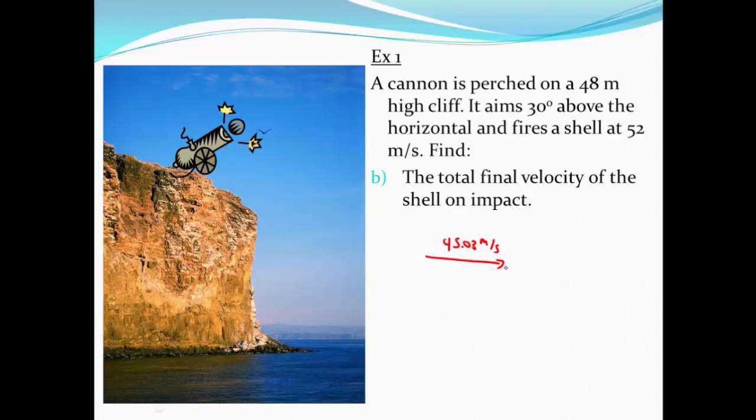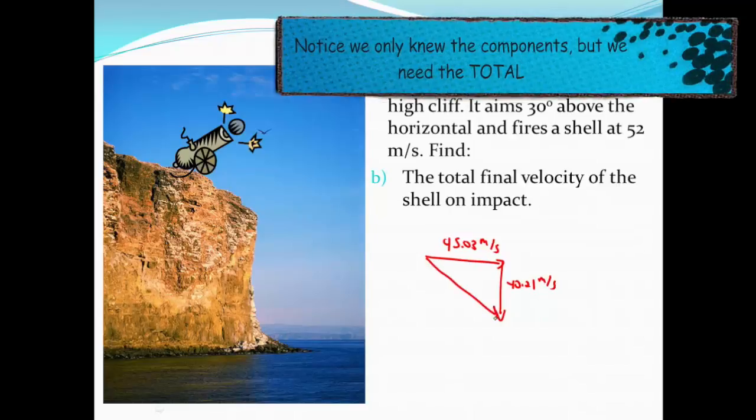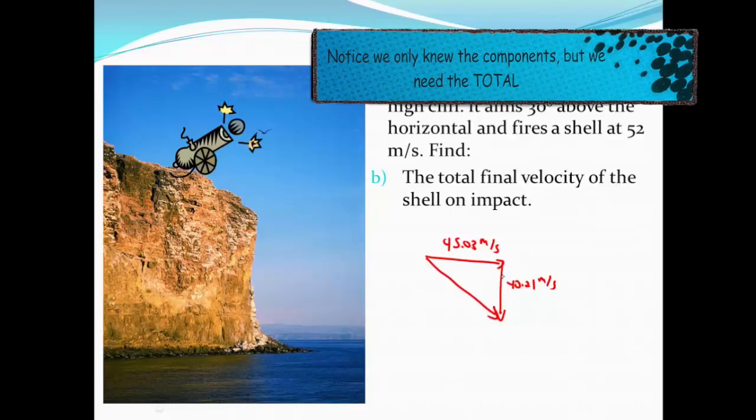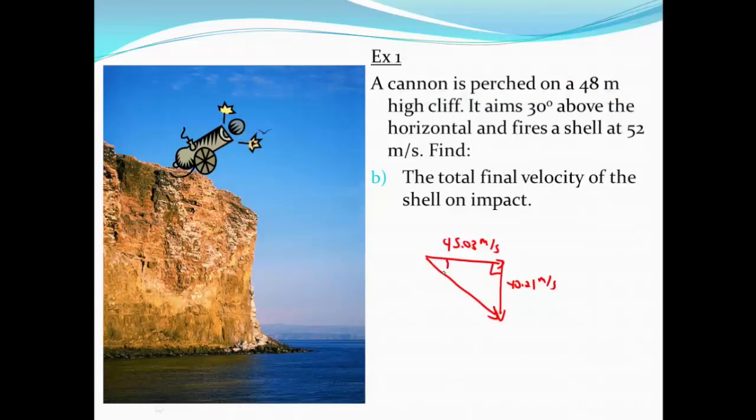But now we found out that there is this second vector vertically that's traveling at 40.21 meters per second down. So that's why I've got the arrow down, which means our resultant velocity is this vector right here, going at some angle below horizontal.